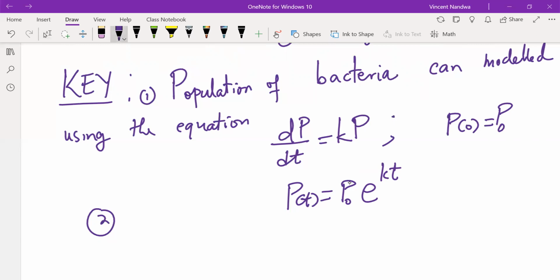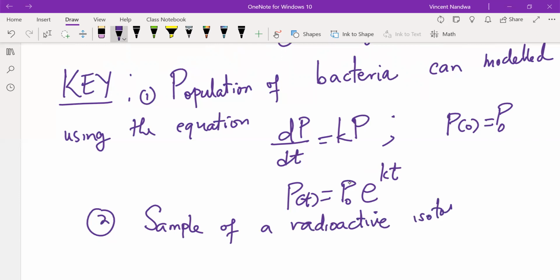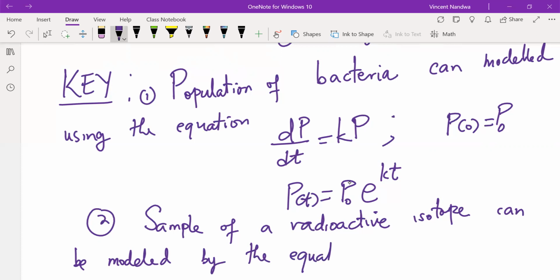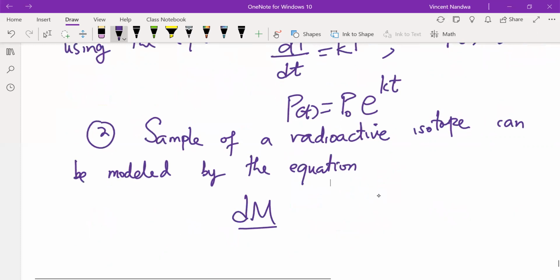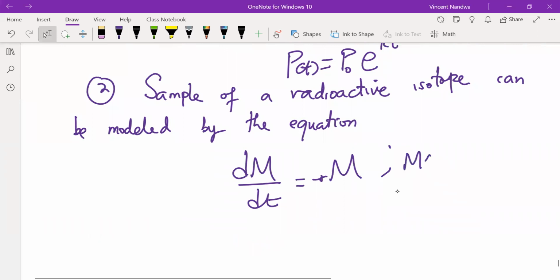Number 2, a sample of a radioactive isotope can be modeled by the equation dm dt equals minus rm, m at 0 equals m naught.